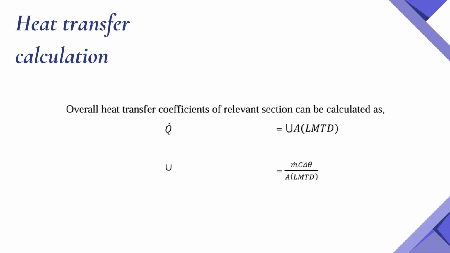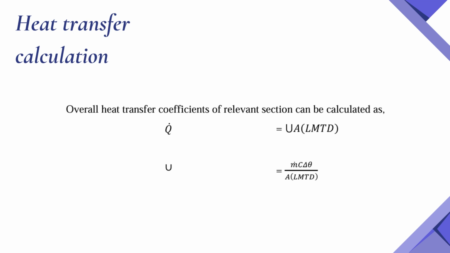Next, we calculated the overall heat transfer coefficient, denoted by U. The heat transfer to the water side was calculated using the energy balance equation. Q equals M times Cp times ΔT, where M is the mass flow rate of water, Cp is the specific heat of water, and ΔT is the water temperature rise.